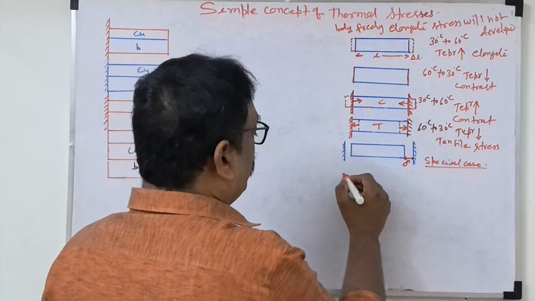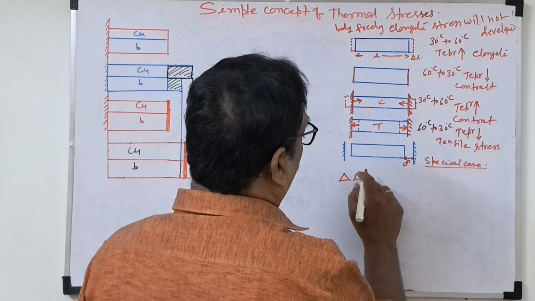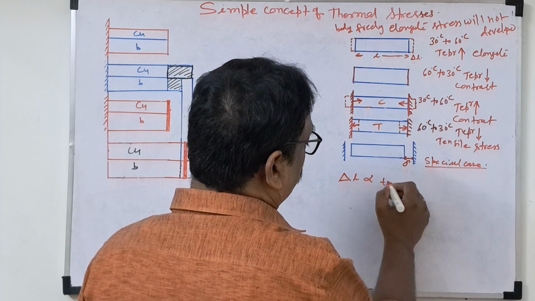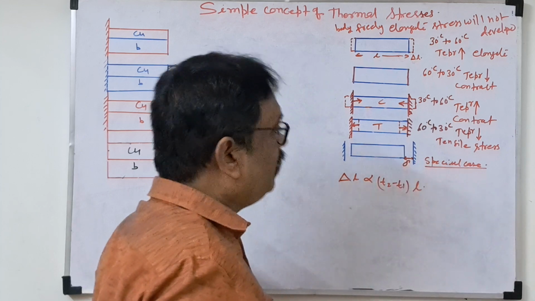See here. Elongation is proportional to the temperature difference, T2 minus T1, and the length.